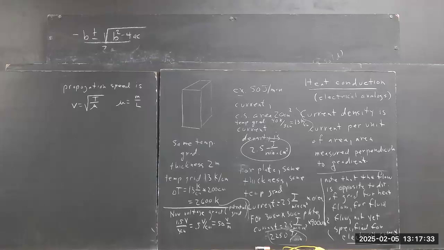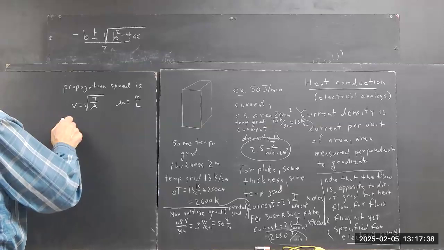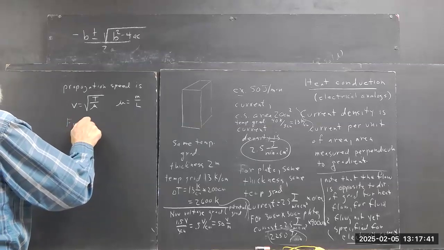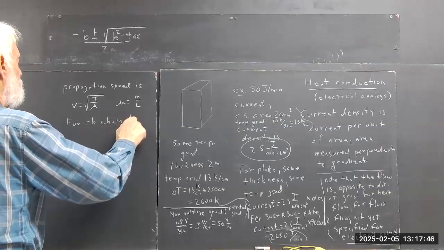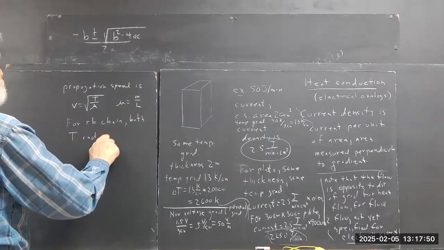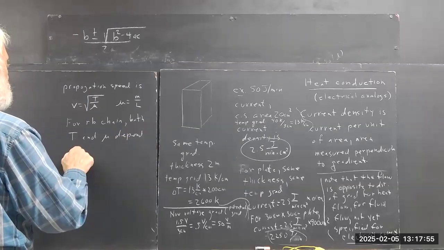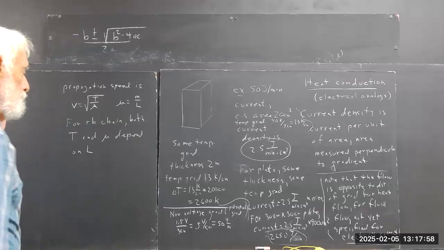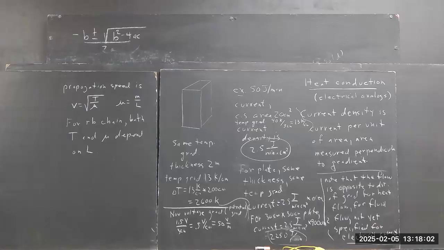Now, for the rubber band chain, both T and mu depend on the length. So this is not a simple, trivial relationship.